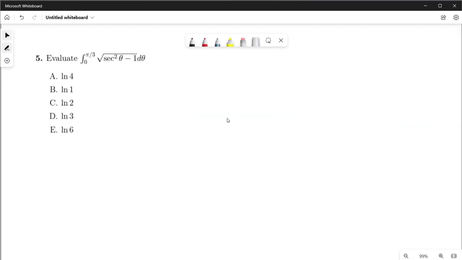For question number 5, we'll again have a square root, but this time we have a secant squared in here. So generally, the secant squared minus 1 formula you should pop in your brain is the identity where secant squared minus 1 is tangent squared, right? And this comes from sine squared plus cosine squared of any angle equal to 1.